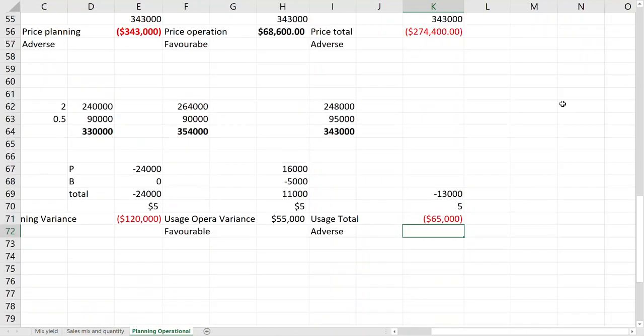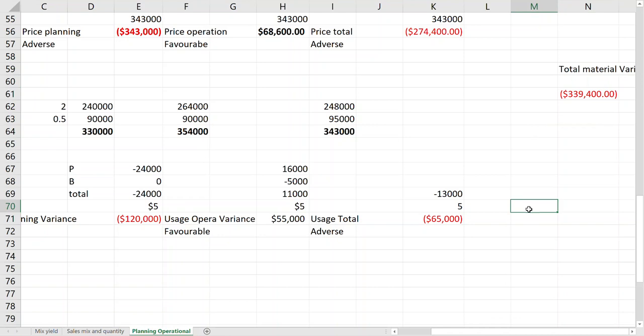So if we look at total price variance, we have 274,400 more spent. If we look at total usage, we have 65,000 more spent. So this is total material cost variance.